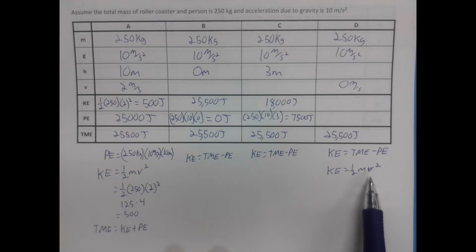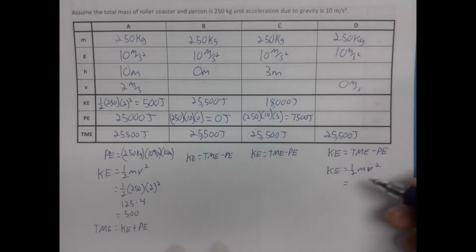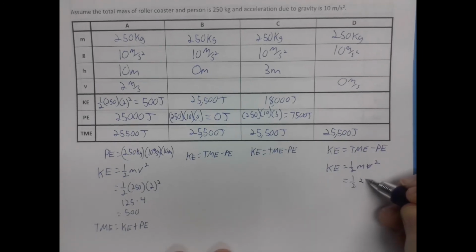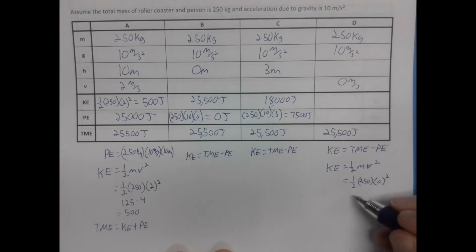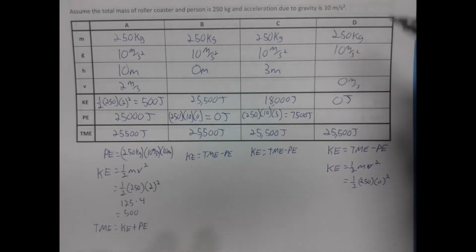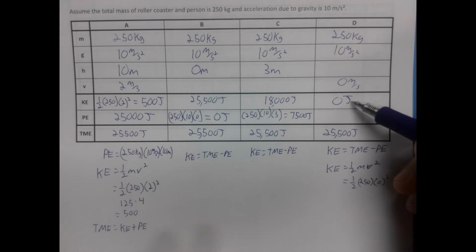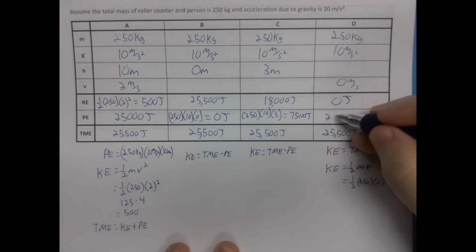We know mass, so that would be equal to 1/2 times 250 times velocity 0 squared. That's 0. Yes, so if you're at a stop, kinetic energy is 0. Again, kinetic energy is the energy of motion. If you aren't moving, you have no energy of motion.